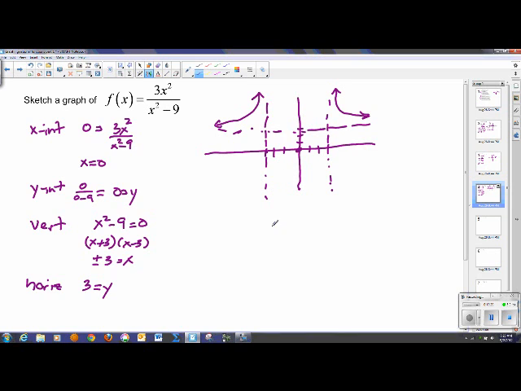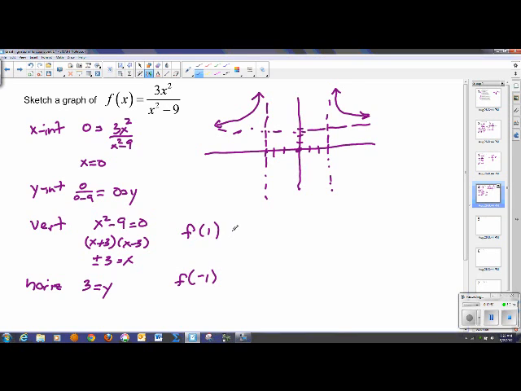All right. So what I'm going to do is pick a point to the right and to the left of this intercept to see what kind of values come out. And once again, I'm only concerned about whether I get a positive or negative value. So I'm going to pick 2 points: f of 1 and f of negative 1.